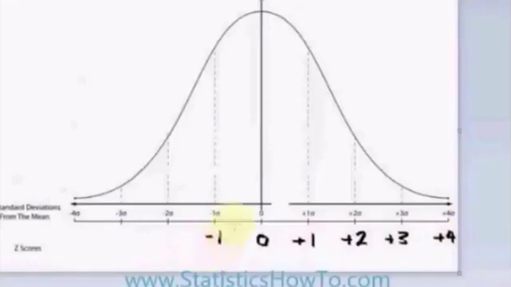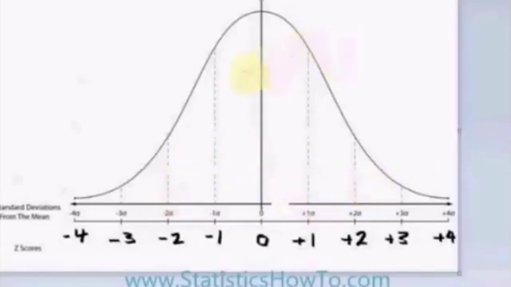A z-score of -1 tells you you are 1 standard deviation below the mean. And -2, -3, and -4 z-scores will tell you how many standard deviations below the mean you are. So all the values to the left of the mean are negative, and all the values to the right of the mean are positive.